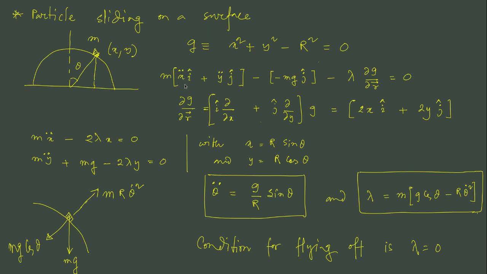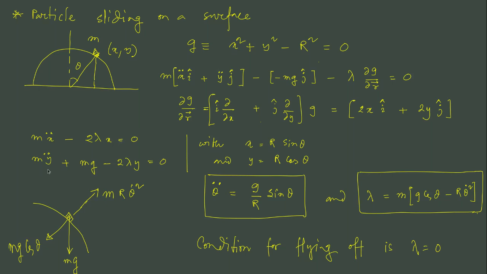If we substitute that in the equation above and equate all coefficients of i cap and all coefficients of j cap, after all i cap and j cap are orthogonal, so individually the coefficient of i cap and the coefficient of j cap must vanish.